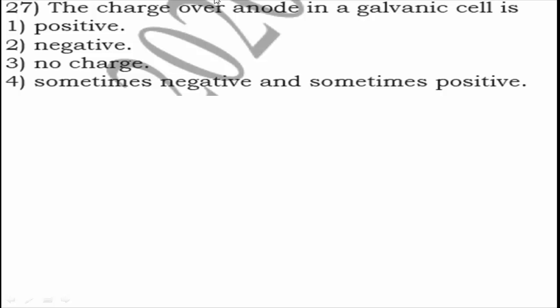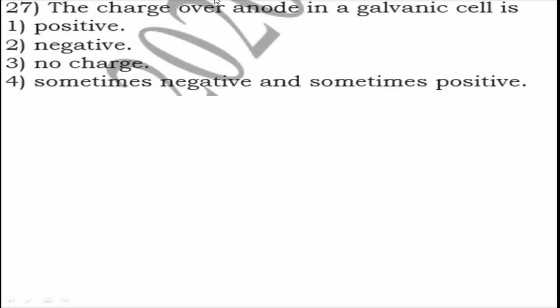Students, the anode of a galvanic cell is negatively charged since the spontaneous oxidation at the anode is the source of the cell's electrons or negative charge. However, the anode of an electrolytic cell is positive, meaning cathode is negative, since the anode attracts anions from the solution.